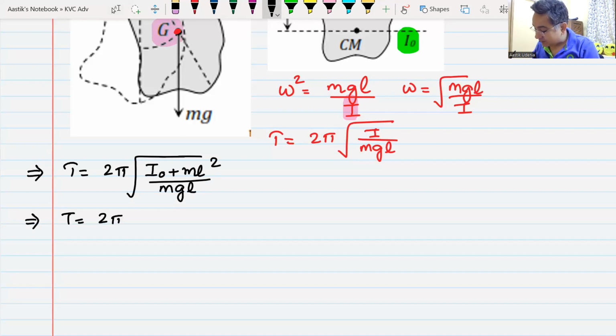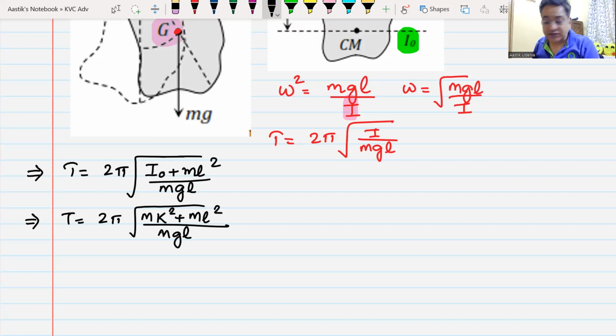So I can write this in this form also: mk square plus ml square divided by mgl, where k becomes the radius of gyration. Do we remember radius of gyration? Yes, sir.